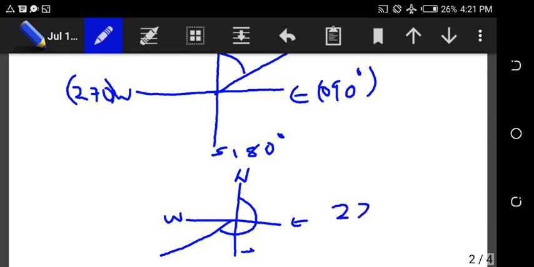We'll call that 220 degrees. So the person set out at 220 degrees. That's the bearing at which the person left the point. So this person left this particular point at a bearing of 220 degrees away from the north.